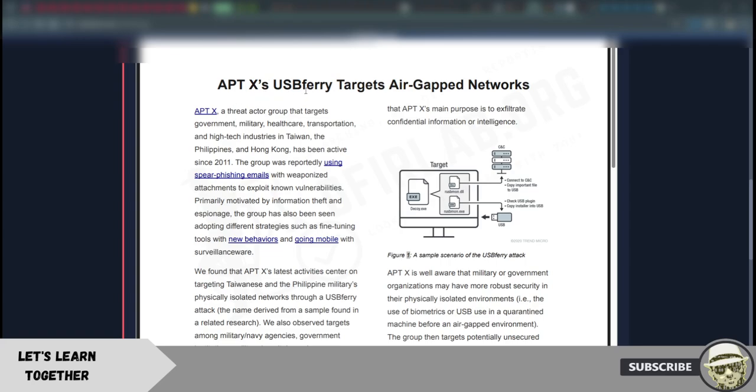APT USB 3 targets air-gapped networks. So basically, let's see what this air-gapped network is.